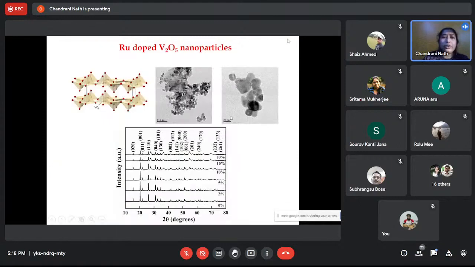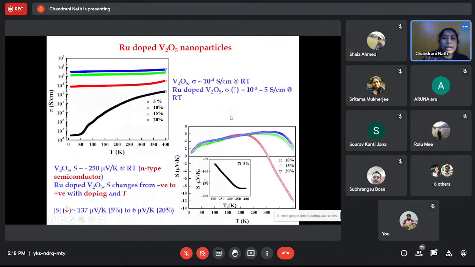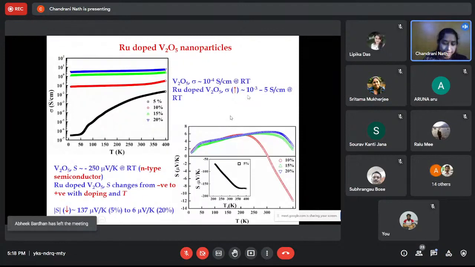We could synthesize its nanoparticles with various concentrations of ruthenium. These are the graphs of the temperature dependence of conductivity and Seebeck coefficient. Here also we got some very interesting results.